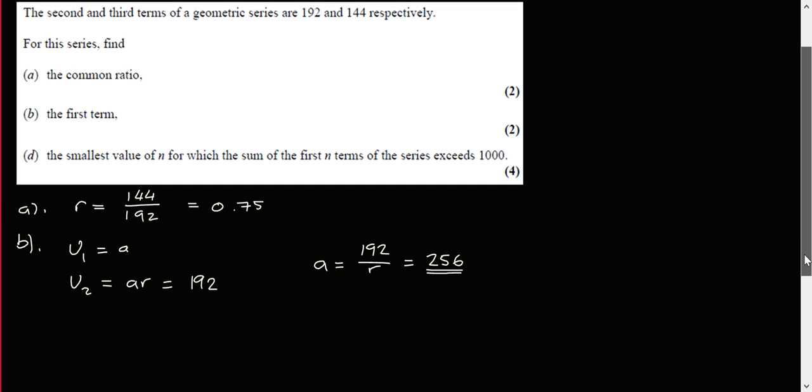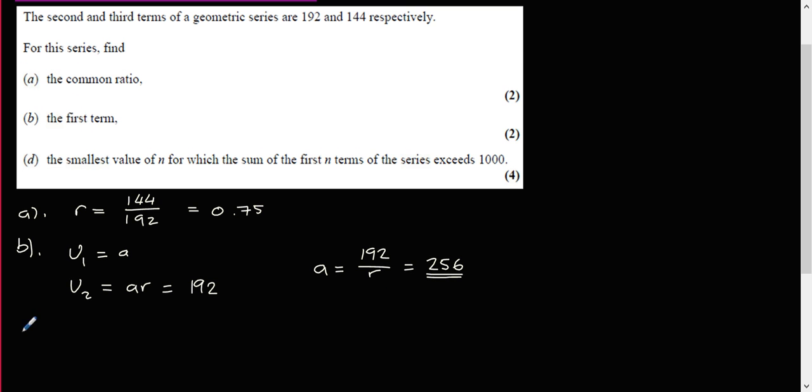So far, so standard. Now, I've missed out part C of this question. I'm not sure why, but there must have been something in it that wasn't on the spec. So now we're going to calculate the smallest value of n for which the sum of the first n terms exceeds 1000.